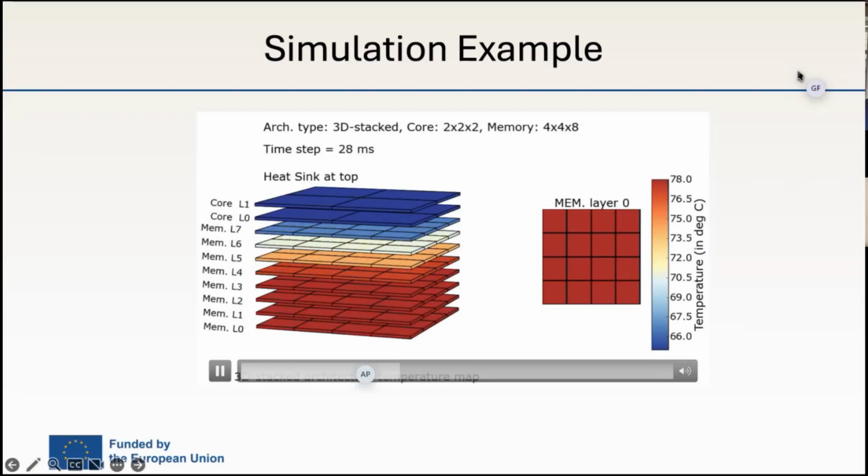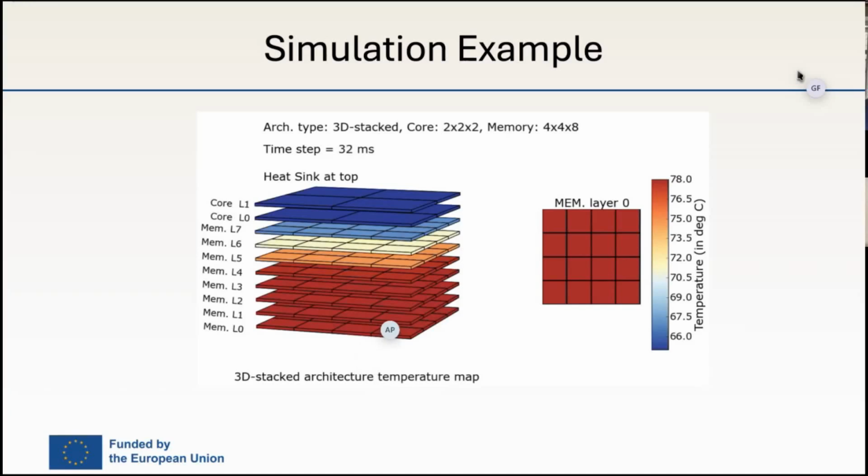But on the other side, there is the PCB and there is no heatsink, and the heat is getting trapped by the memory layers, which are acting as a sponge. And heat is especially bad for memory, because the data in the memory can get corrupted because of the heat itself. So this is something that is being produced in real time by the simulator as an output.